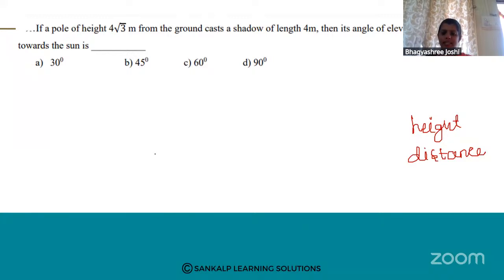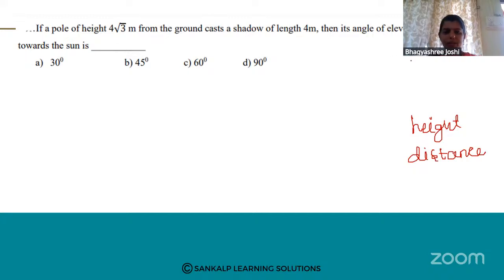So the first question is: if a pole of height 4 root 3 meter from the ground casts a shadow of length 4 meter, then its angle of elevation towards the sun is?